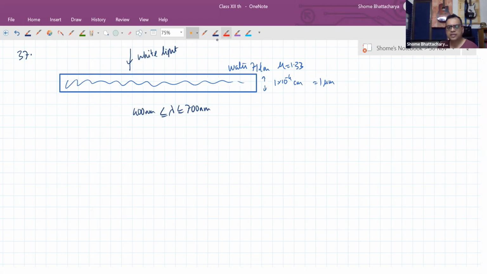So here we have to understand what we mean by transmission. This is like a film of water which is suspended in air. This is where the question becomes a little bit more interesting. There's air on either side, and we are talking about light which is transmitted through the water film.